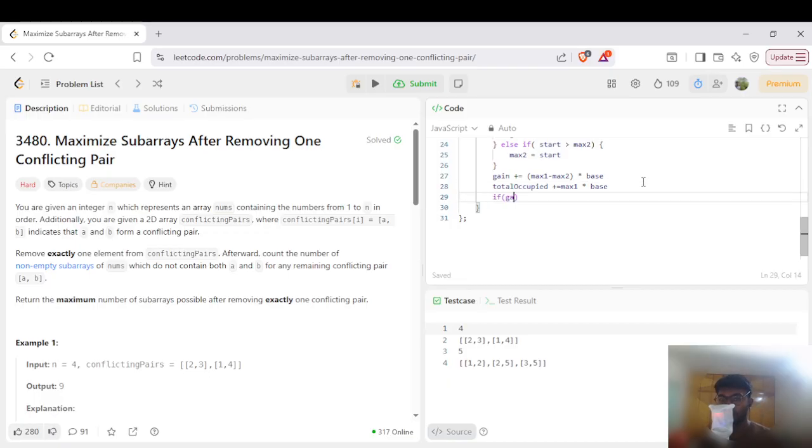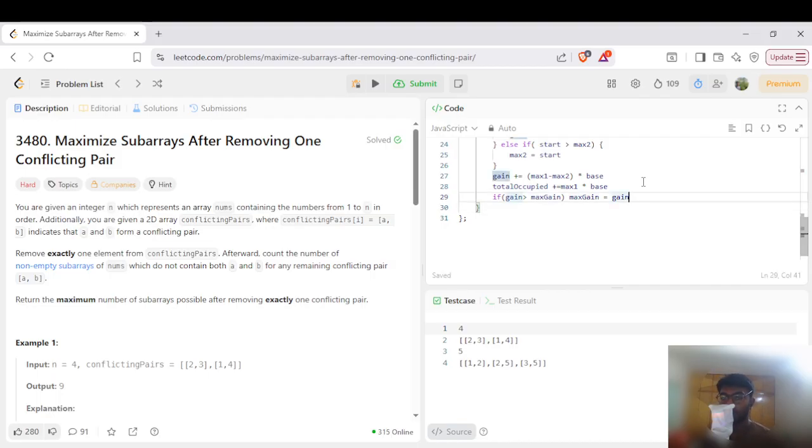If gain is greater than max gain, then we simply assign max gain to the gain value for the specific conflicting pair.